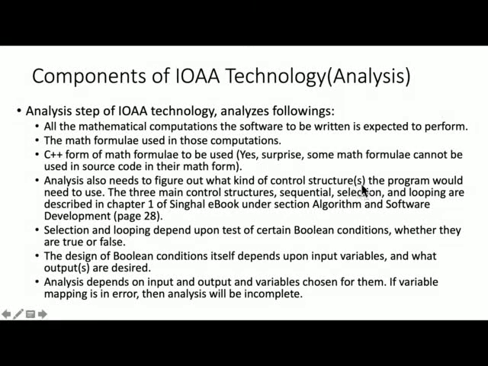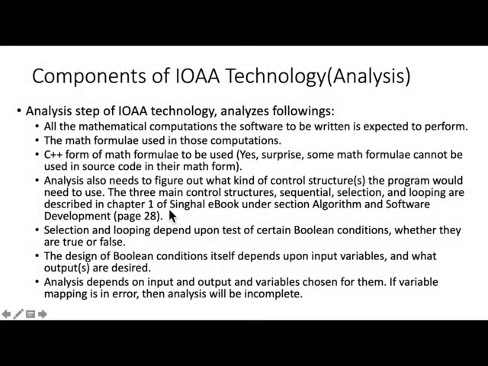Analysis also needs to figure out what kind of control structures the program would need to use. Three main control structures are sequential, where program statements are executed line by line from line 1 to 2 to 3 and so on; selection, that means we are selecting a certain piece of code and ignoring certain other; and looping, which means that we are iterating through the same code, executing the same code again and again until some condition stops looping.